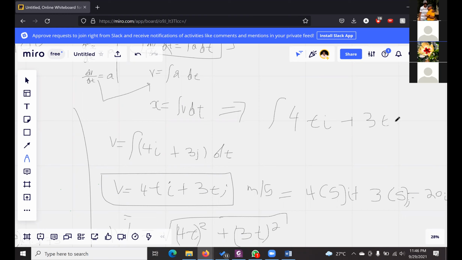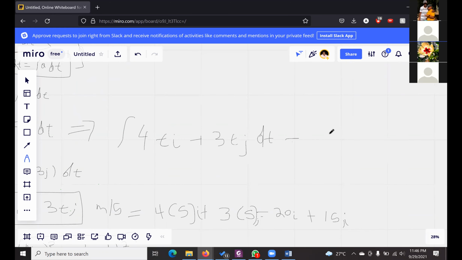We integrate, so we know we're getting 4t squared over 2 plus 3t squared over 2. Tell me if anybody disagrees with me. I agree.